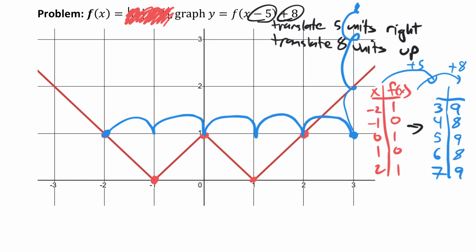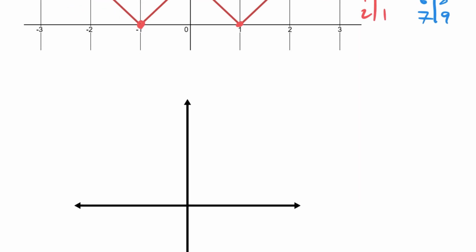There we go. Now we can go ahead and take that table that we've created and we can draw the new graph. Let's just move down here. So we have 1, 2, 3, 4, 5, 6, 7. 1, 2, 3, 4, 5, 6, 7, 8, 9. Here's 8, here's 9. 3, 4, 5, 6, 7.